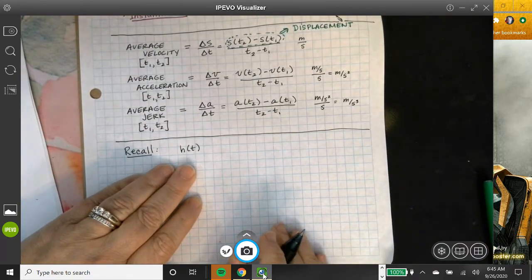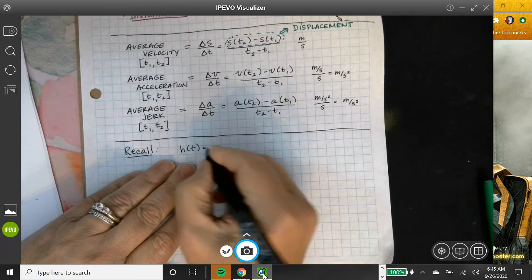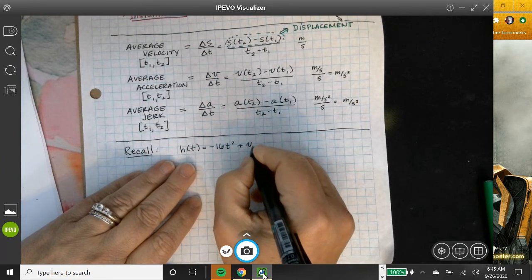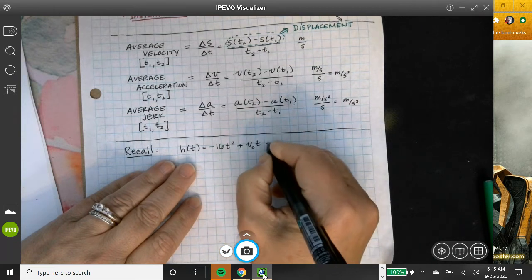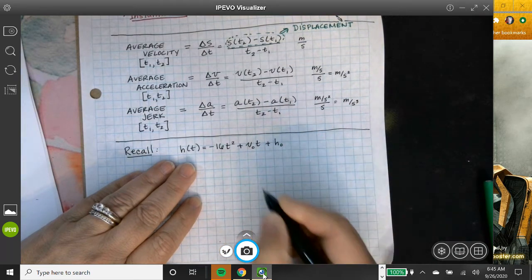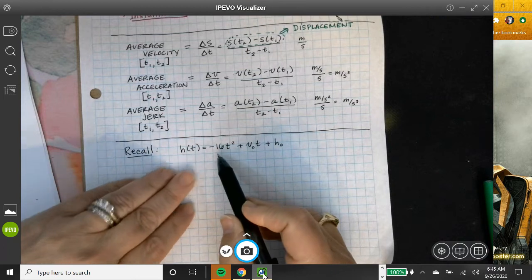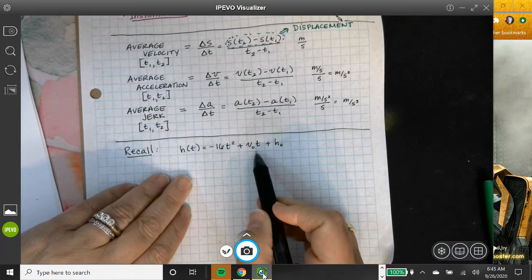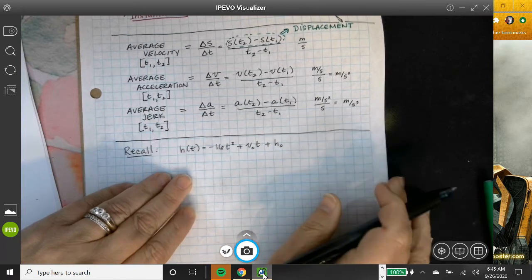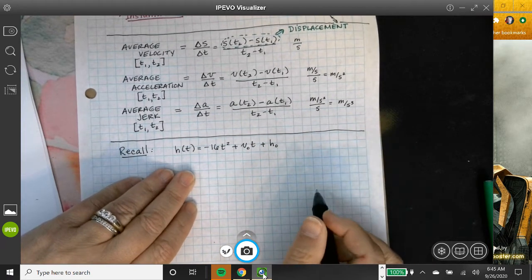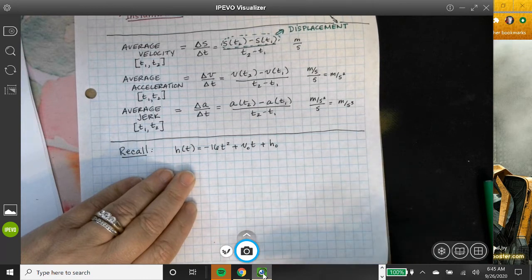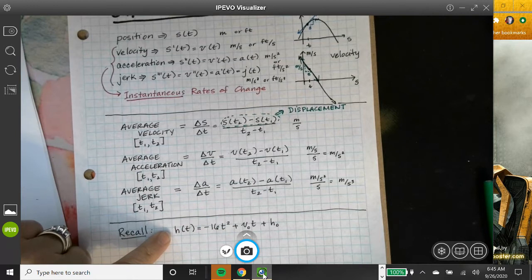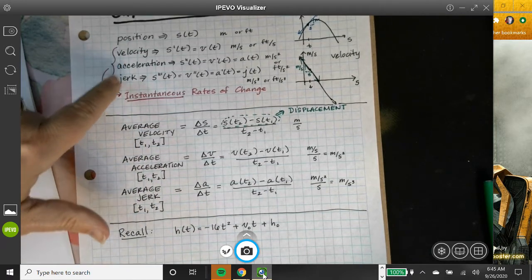That's kind of funny. h of t was equal to negative 16 t squared plus v original t plus h original. Right? So this would be negative 16 t squared plus v naught, or v original, times time, plus the original height. Now, knowing what we know about the calculus of motion, this is our position function, and I'm going to find the velocity and the acceleration here.